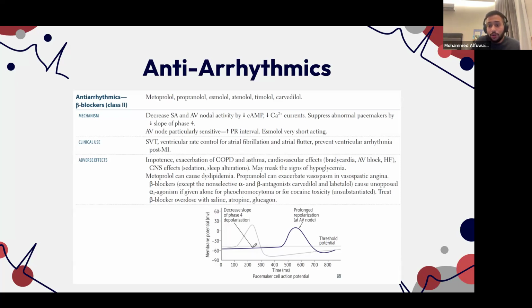This is how you control the rate. So it decreases the depolarization slope of phase 4. It also prolongs the repolarization, so it does two effects. It's used in many things, and for side effects, it's what we mentioned already with the antihypertensives. It's the same thing. So let's move on from class 2.